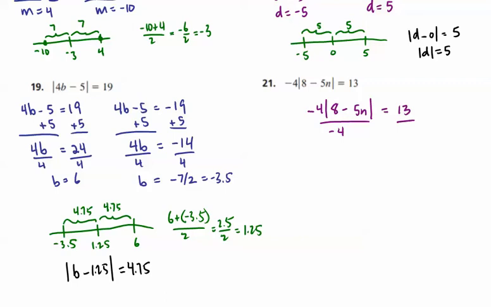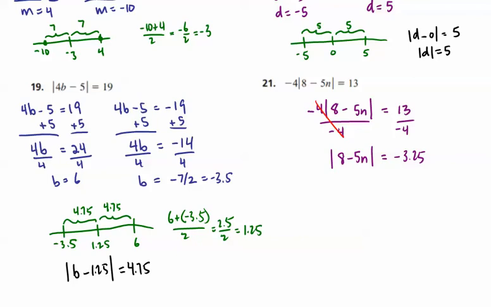Dividing both sides by negative 4 and canceling, we end up with absolute value of 8 minus 5n is equal to negative 3.25. If we wanted to leave that as a fraction, we'd have to leave it just as it is, because 13 is a prime number, and so it can't be simplified any more than negative 13 over 4.